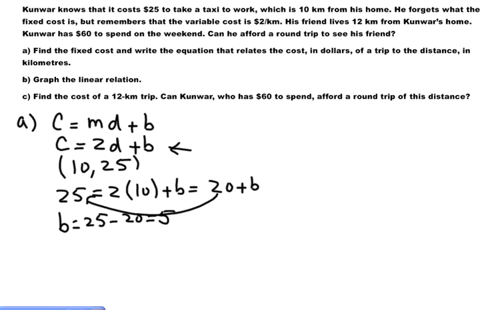So the c-intercept is 5, the fixed cost. This means that as soon as you get into the taxi, you have to pay a $5 flat fee. So the equation becomes cost is 2d plus 5.